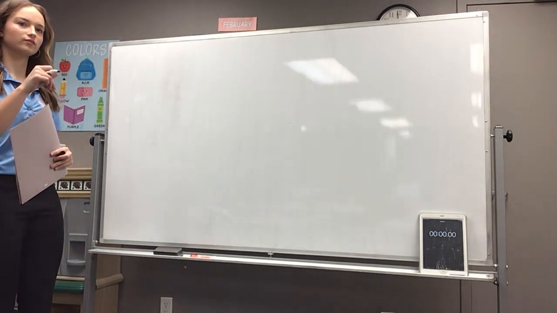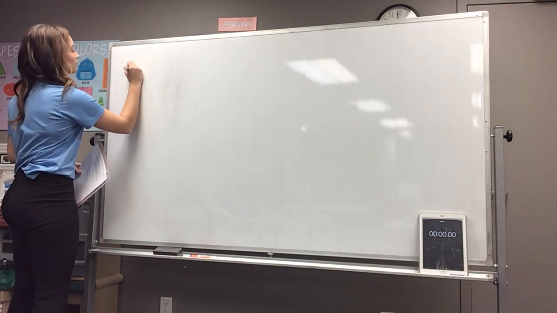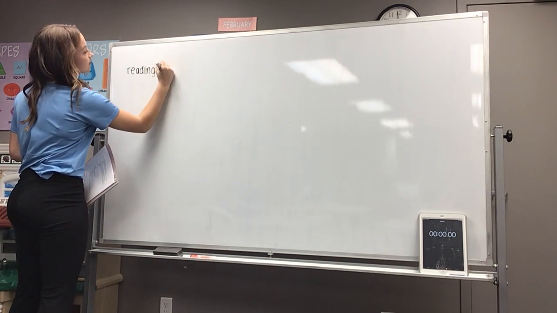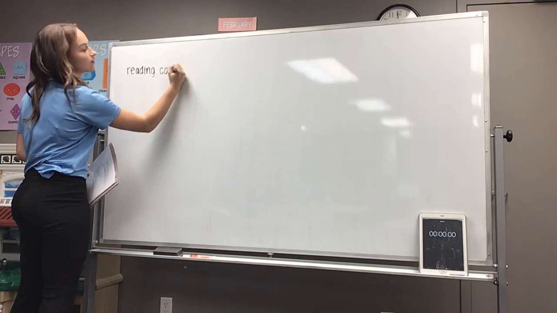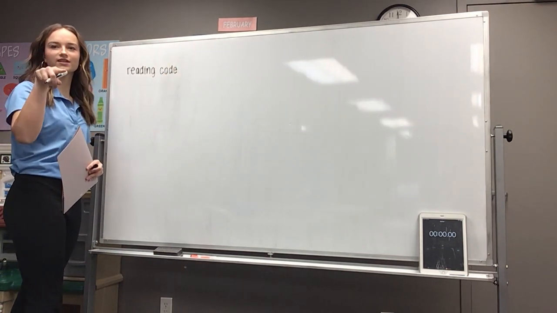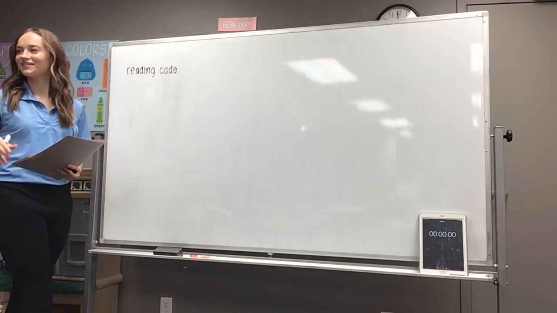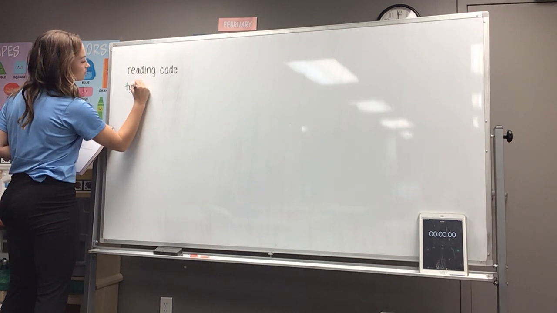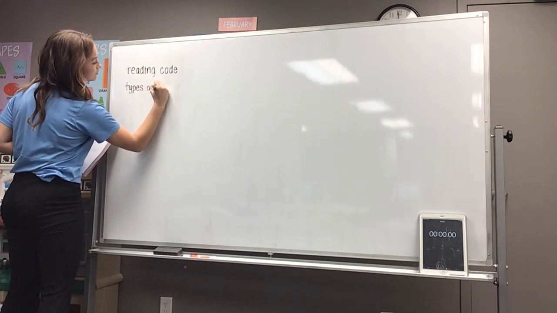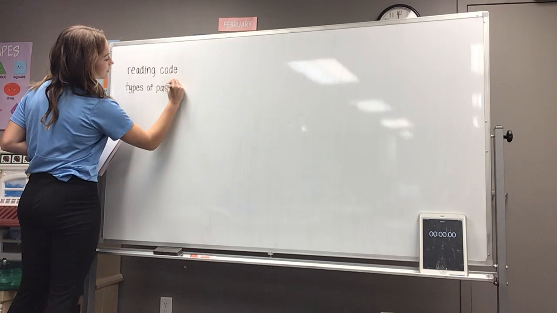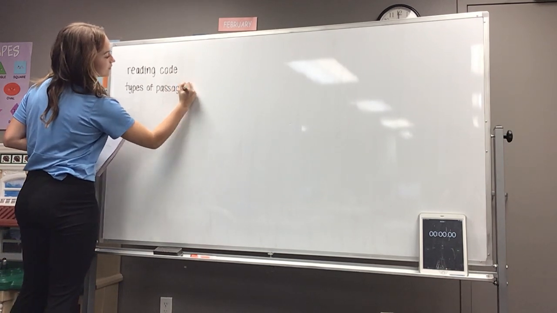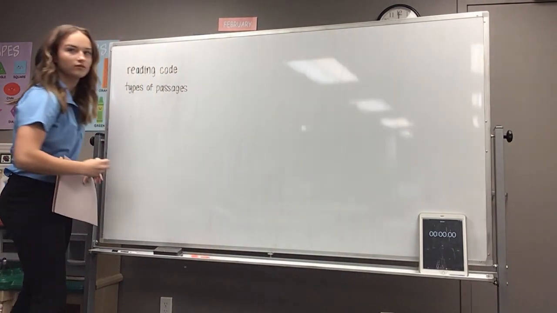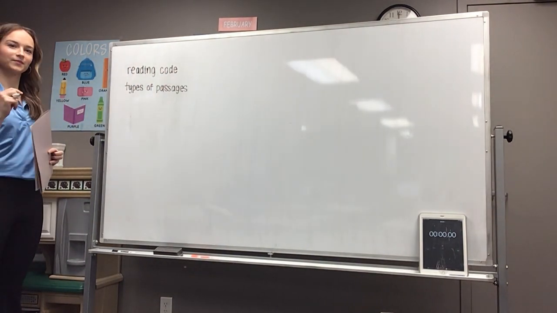A reading code? Yes. Okay, what else? So two hands, were you both gonna say reading code? Okay. Types of passages. Yep. Anything else? Indexing?